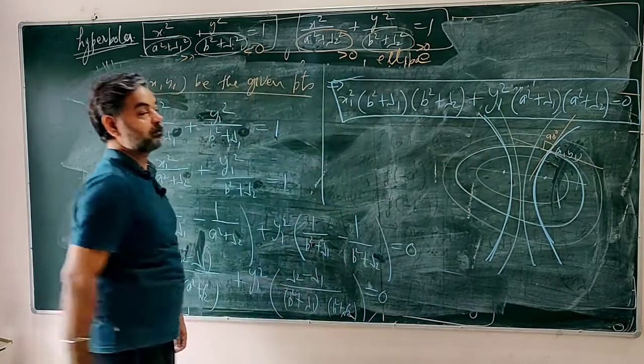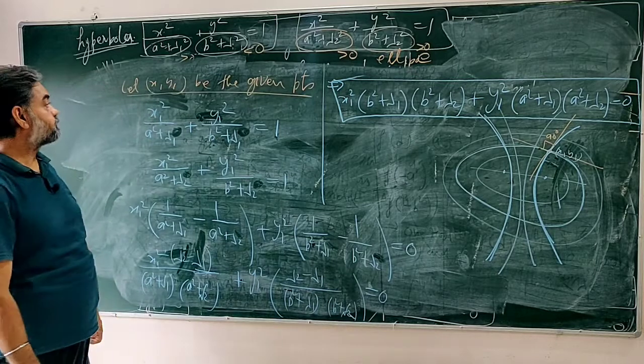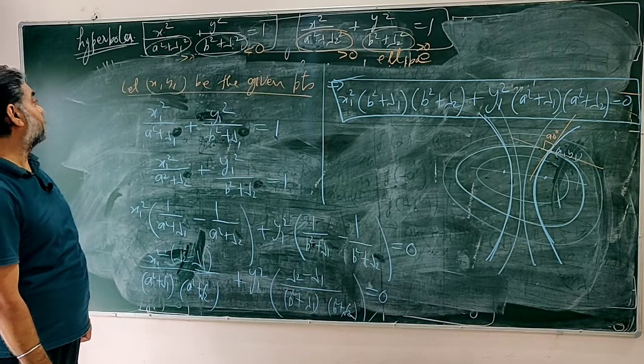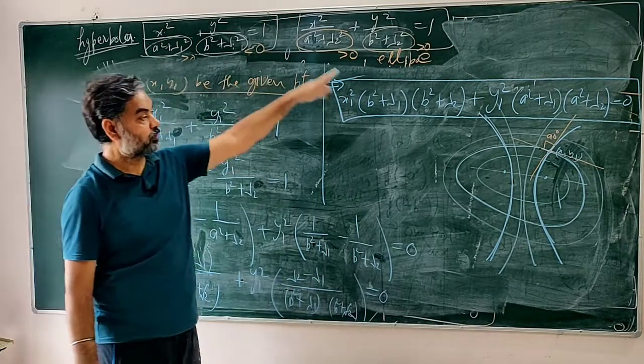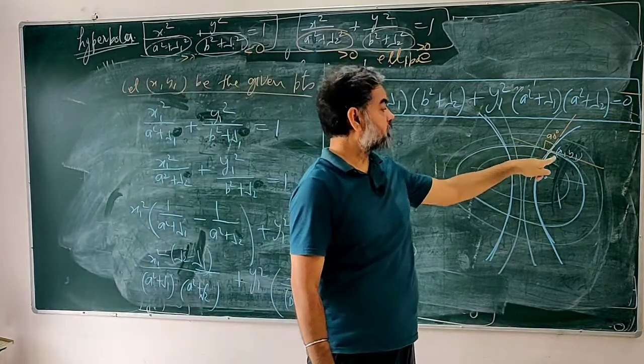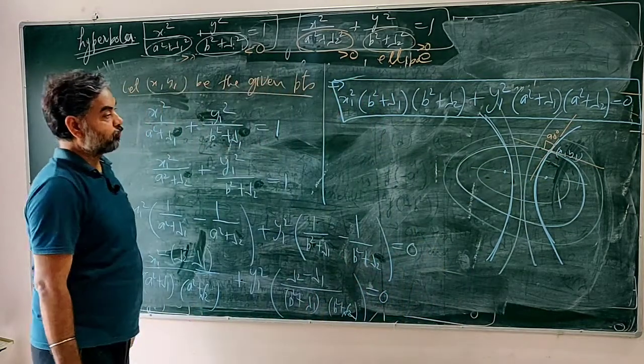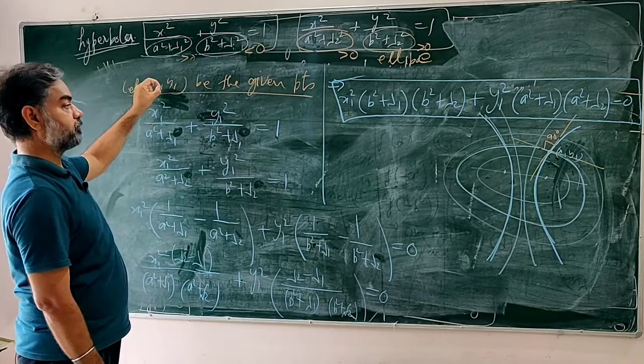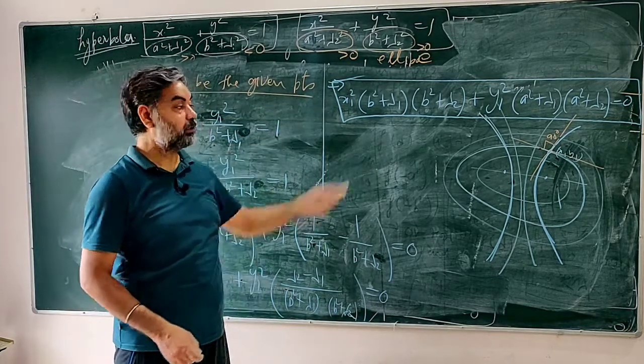So we have got this condition: if two members of a confocal system pass through a given point x1, y1, then we have this condition.